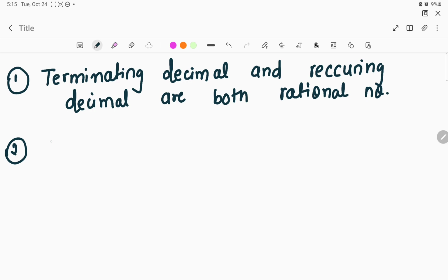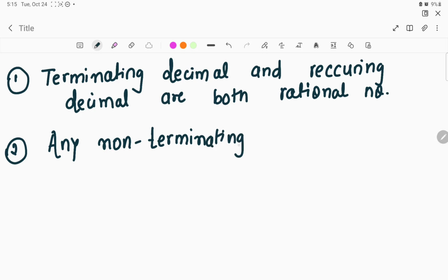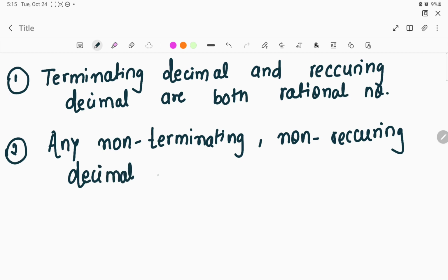But in case of irrational numbers, any non-terminating, non-recurring, that is not repeating the same numbers, decimal is an irrational number. So you have to understand these 2 points.